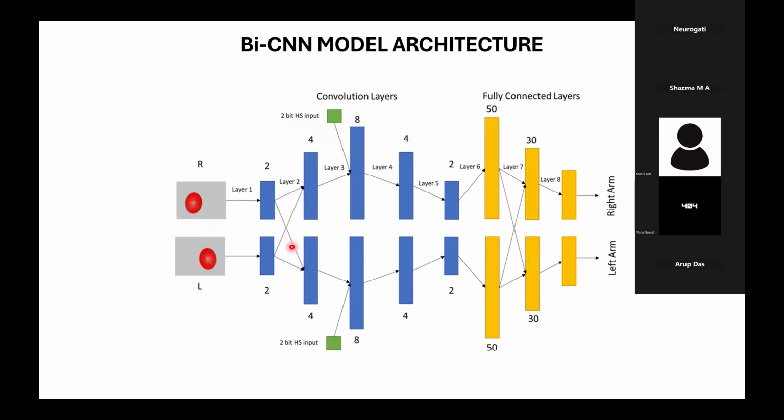This is very similar to the role performed by the corpus callosum in the brain, which is just a bunch of fibers that connect the left hemisphere to the right hemisphere. These are present in both the first two of the convolutional layers and the first two of the fully connected layers. Now, the output from the fully connected layers are the 6 muscle activations that are going to be used by the arm in order to reach to the target. The hand selection inputs are given to the third convolutional layer on both the left and the right side.